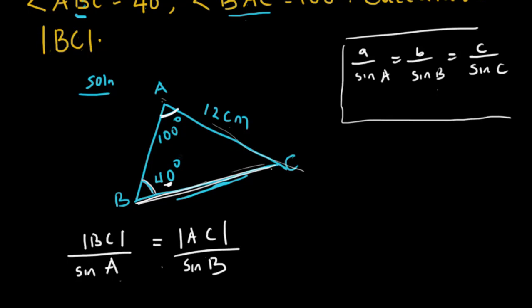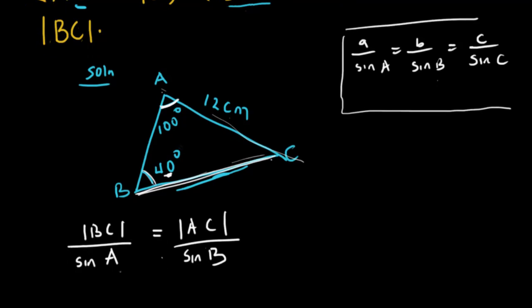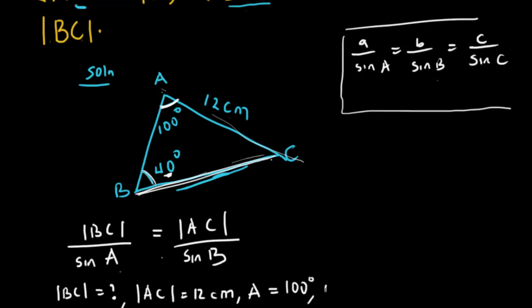Alright, so let's slot in the values. From the diagram, we know that BC is what we are looking for. We know AC is 12 centimeters, angle A is 100 degrees, and angle B is 40 degrees.